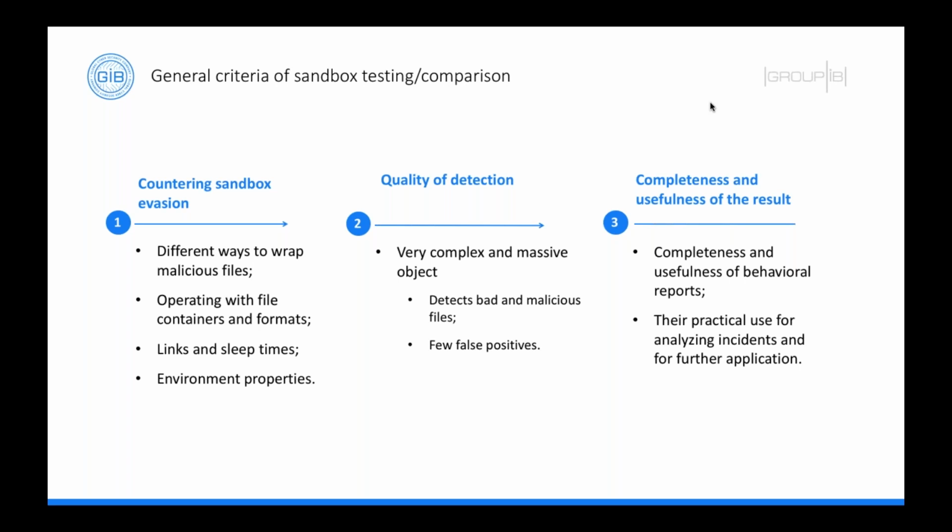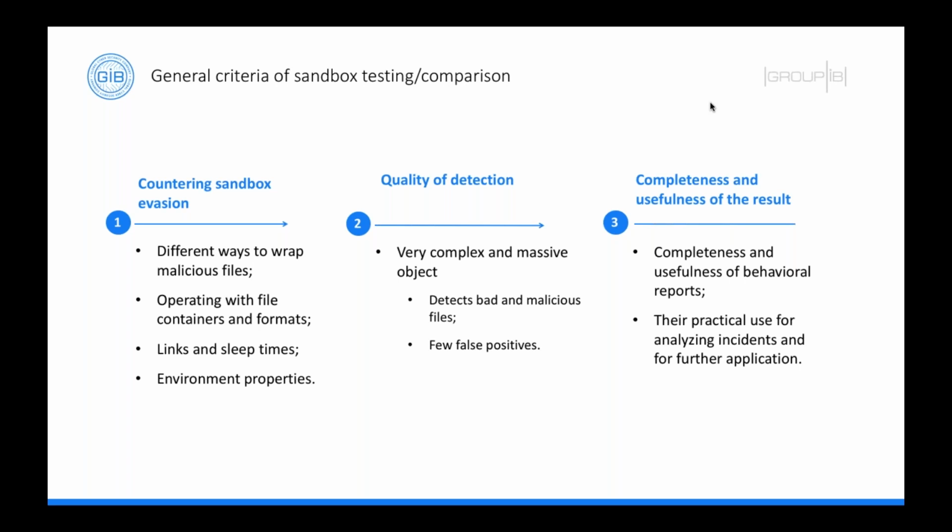Layer number one is about evading sandboxes, because many attackers face the problem of sandboxes every day, and their main goal here is just to evade it, not allow running the malicious code within a virtualized environment, for instance, or not allow downloading a link to this specific sandbox. There are lots of tricks.